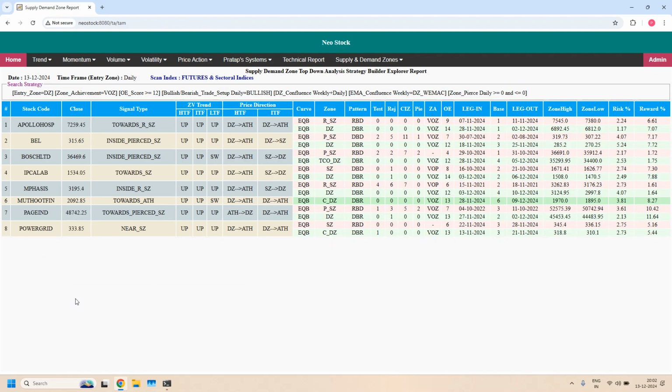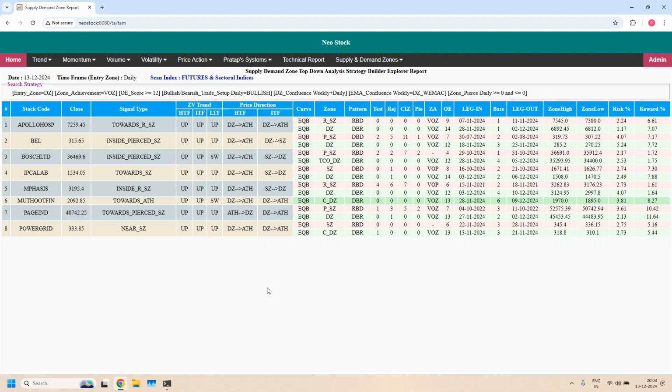With this filter, we got 8 stocks. So these 8 stocks are more high probability trade setup supported zones, because all these daily demand zones are part of the weekly demand zone. That weekly demand zone is having weekly EMA Confluence, and also weekly trend is uptrend in all these stocks.